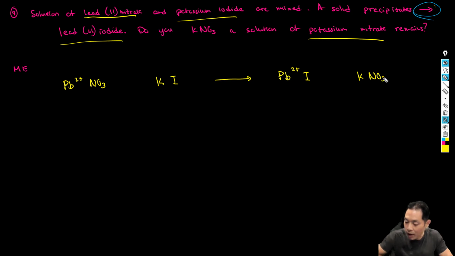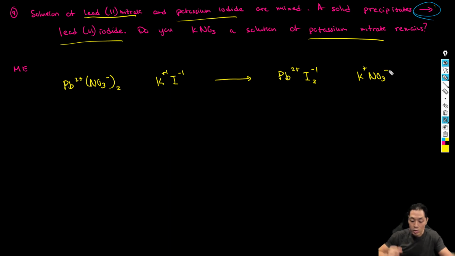Now, after doing that, I'm going to make sure my chemical formulas are balanced. So I have lead(II) nitrate. Nitrate is a -1, so I need 2 of these to balance it out. Potassium is +1. Iodide is -1, so it's good. Lead is 2 here. Iodide is -1, so I need 2 of these to balance it out. And then here's plus and then minus, so it's good.